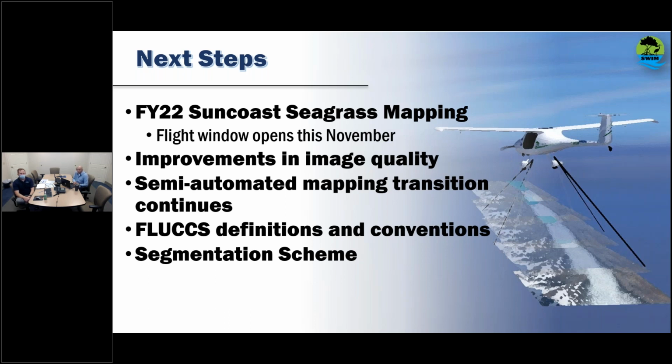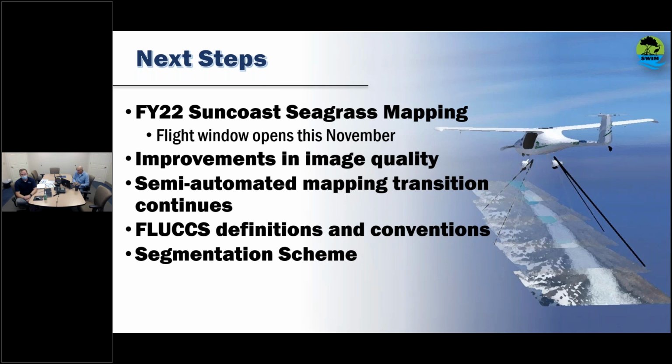There is 6-inch pixel resolution imagery that we can acquire, so we may go to 6-inch pixel resolution for 22, which is going to make the imagery that much more clear when you zoom in. Nate talked about the semi-automated mapping. We haven't forgotten about that. We still intend to transition to a semi-automated type of system using eCognition or some other type of software.